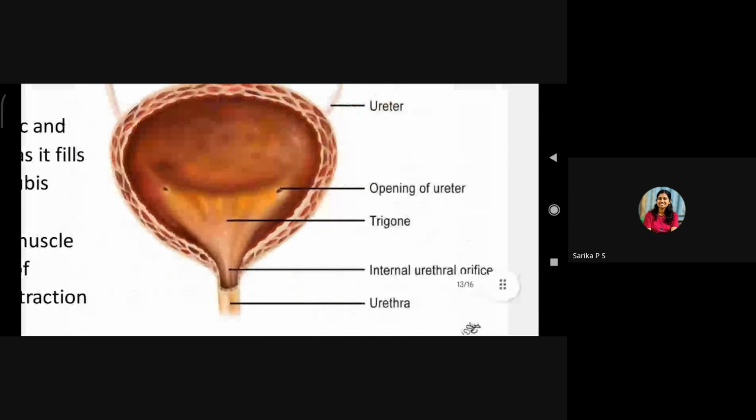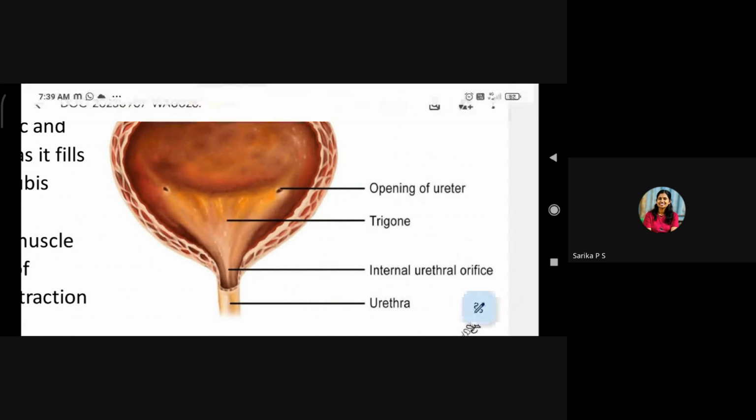The openings of the ureters are where the ureters join the bladder. So we can call this a trigone, the portion between the two ureters and the urethral opening. This portion is known as the trigone. You can see it well.